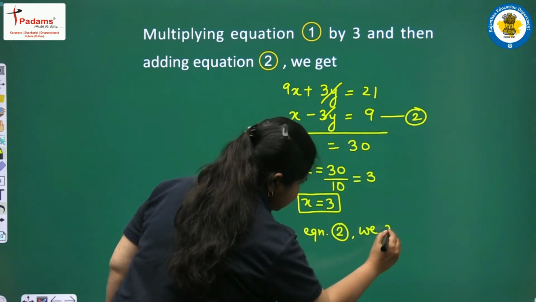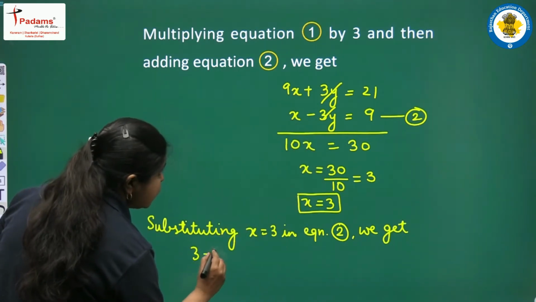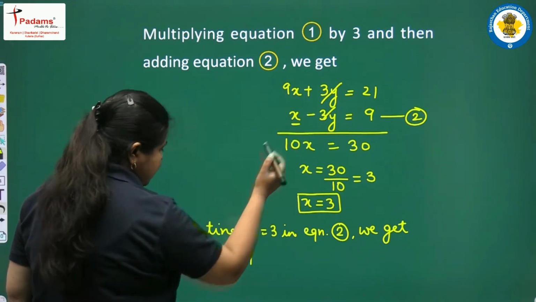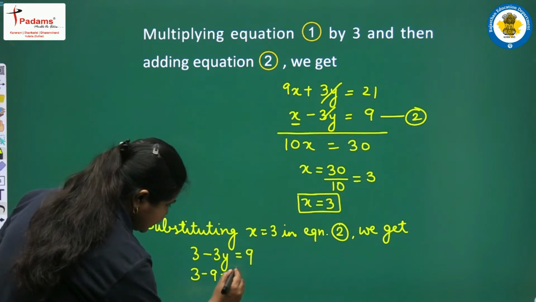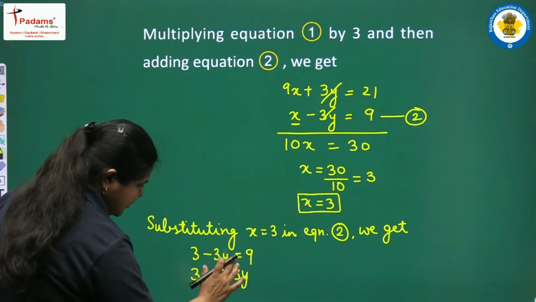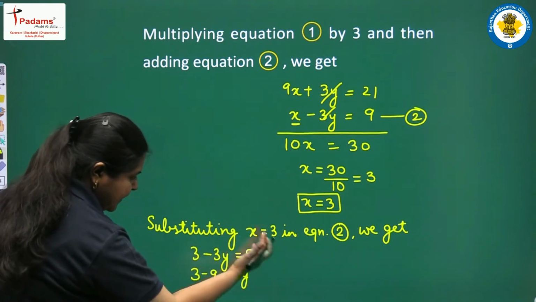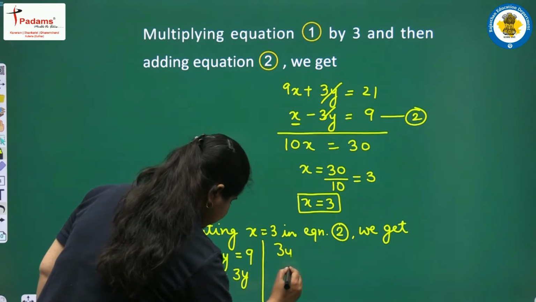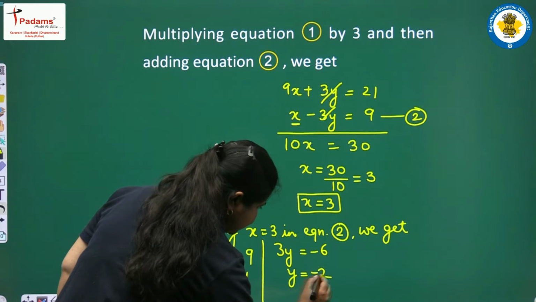We get 3 minus 3y equal to 9. ठीक है, यहाँ पर x की जगह हमने 3 रिप्लेस कर दिया है. This will become 3 minus 9 equal to 3y on interchanging the position of minus 3y and 9. ये minus 3y RHS में plus 3y और 9 इधर आके नेगेटिव हो गया. So this will be equal to 3y equal to minus 6 or y will be equal to minus 2.